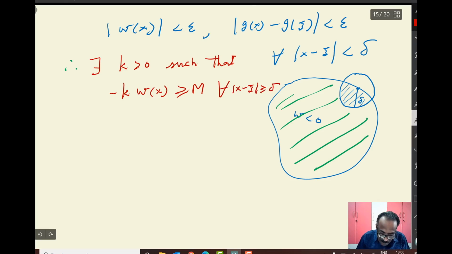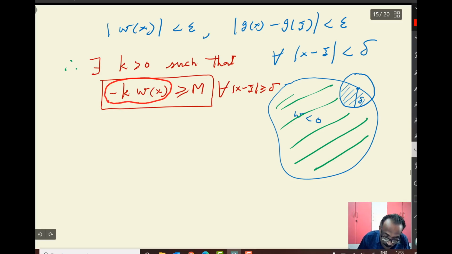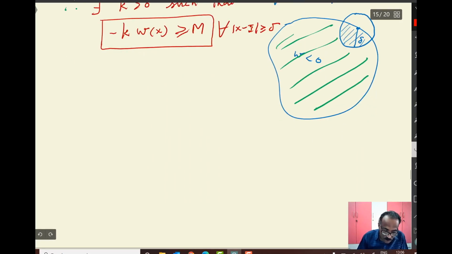That's trivial because w is negative, so if I divide this, you know that w is less than or equal to some −c. I'm rewriting that in this form. You can choose k sufficiently large so that this is a positive quantity, greater than or equal to m.